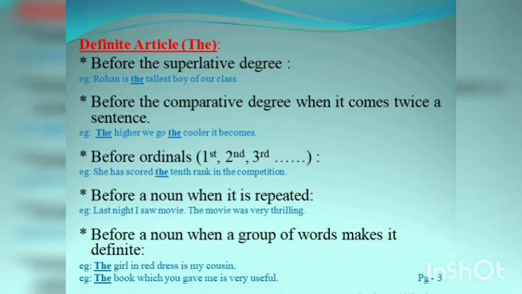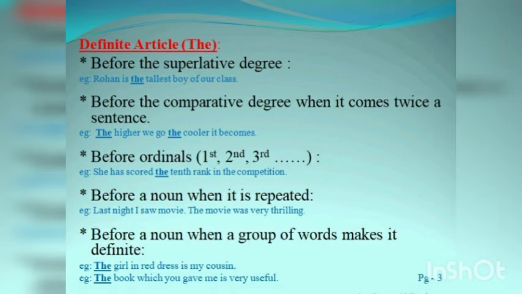Next rule, before a noun when a group of words makes it definite. In short, we can say, if a phrase, clause, or any group of words makes the subject definite, we must use 'the' before it. For example, the girl in red dress is my cousin.